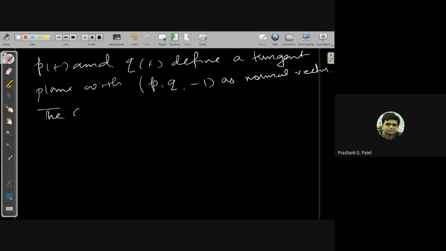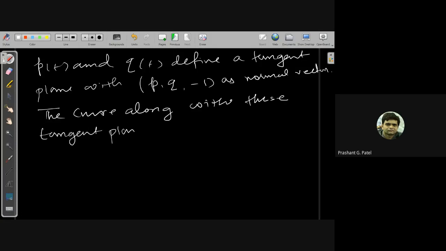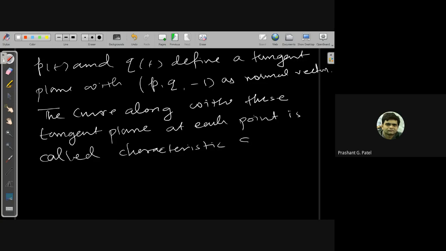And the curve is called the characteristic curve.